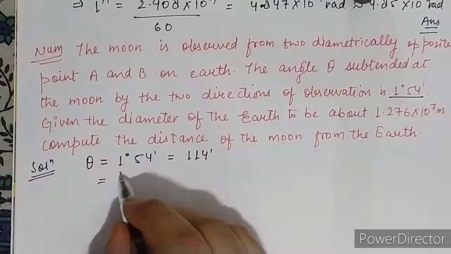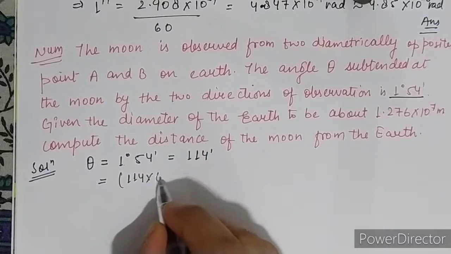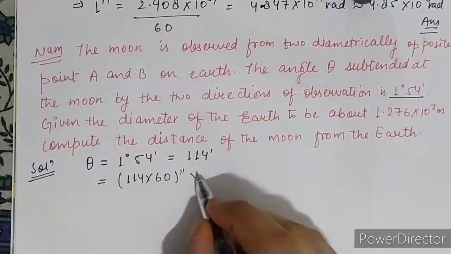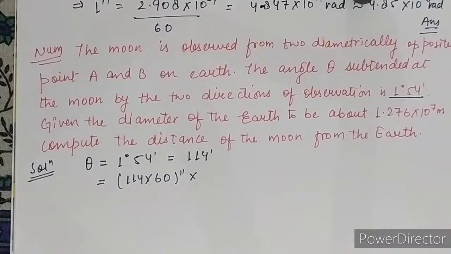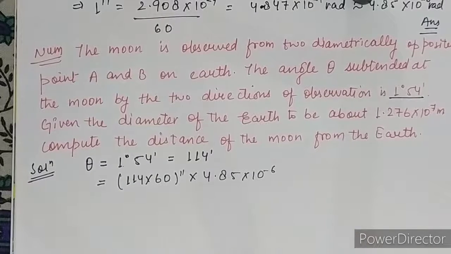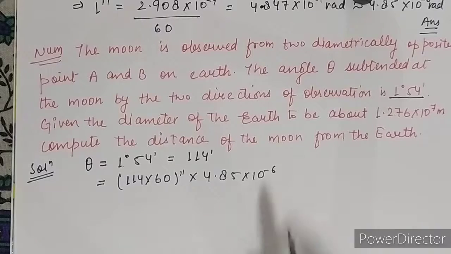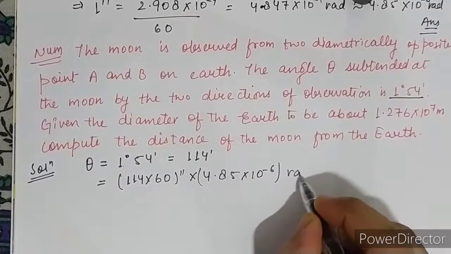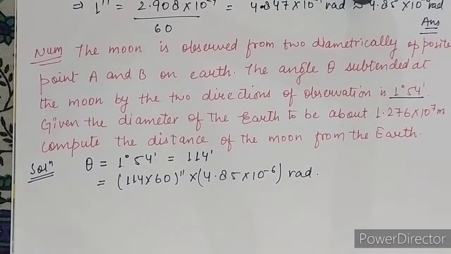Now we have to convert 114 minutes into seconds by multiplying by 60, and we have already calculated that 1 second is 4.85 into 10 to the power minus 6 radian, because the value of theta has to be calculated in radians. This value you have to remember as well, beta. The previous question was solved for radians only.